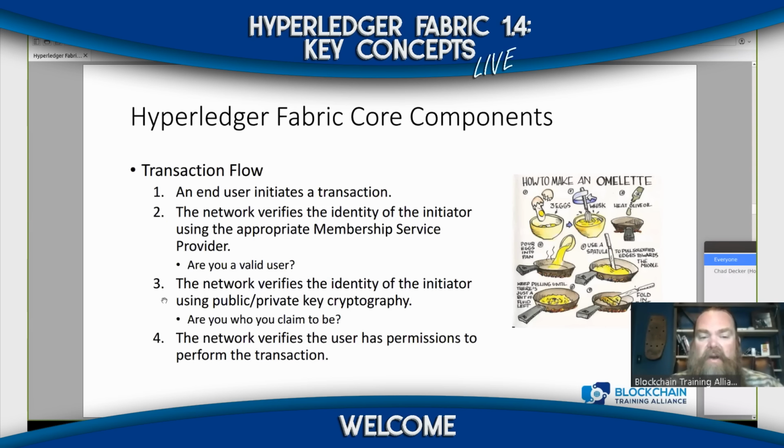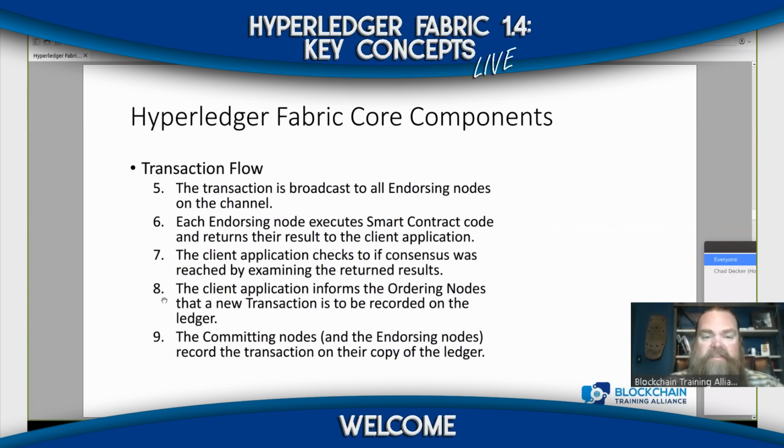And this is going to be verified using our channel permissioning and our ACLs, our access control lists. Assuming that Bob is doing something that Bob actually has permission to do, okay, well, now we have a valid transaction. Now our transaction is going to get broadcast to all of the endorsing nodes or all of the endorsing peers on the channel.